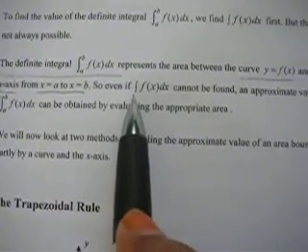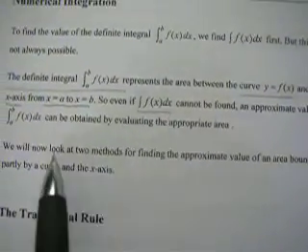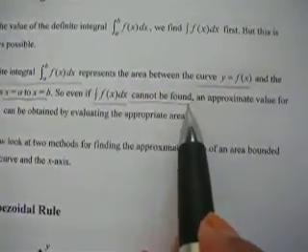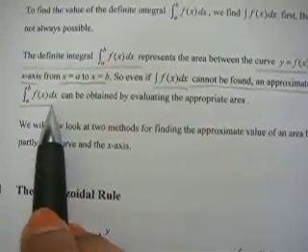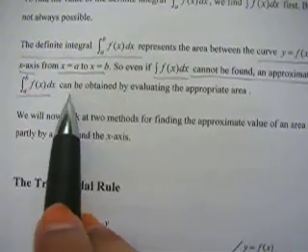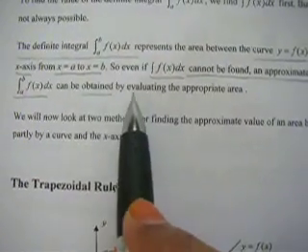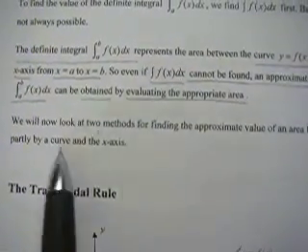So even if the integral of f(x) dx cannot be found, an approximate value for the integral from a to b can be obtained by evaluating the appropriate area.